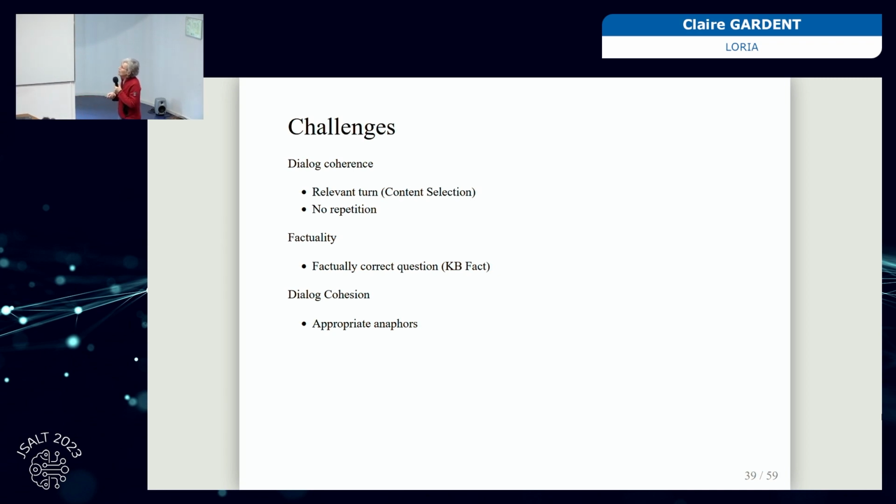For coherence, we want to know, did the model generate a turn that is relevant with respect to the dialogue context? Is there any repetition, so is the generated turn repetitive with a previous dialogue? Is it factually correct, does a question match a fact in the knowledge base? And we also looked a little bit at cohesion. In dialogue, you have a lot of pronouns, so are those pronouns used properly?